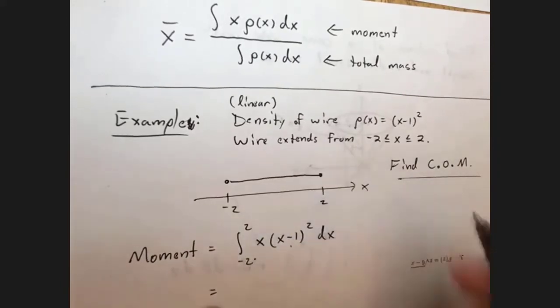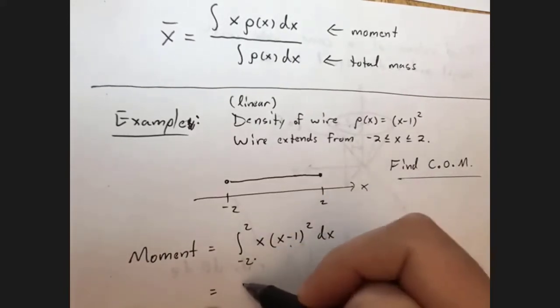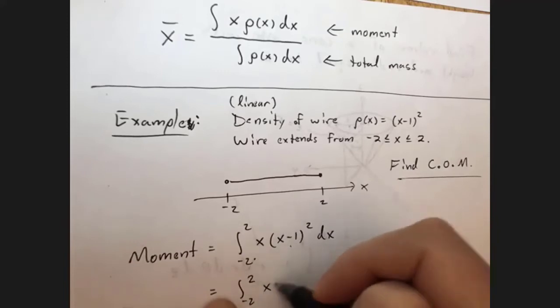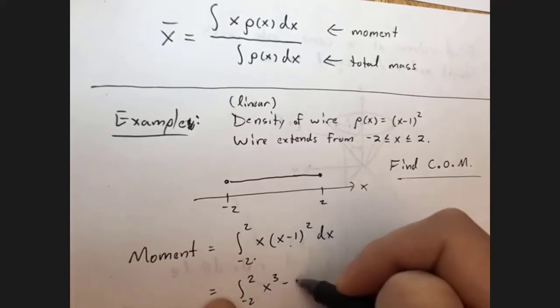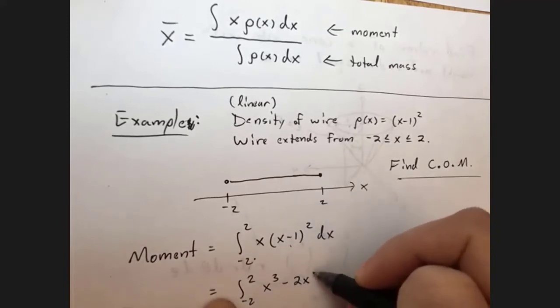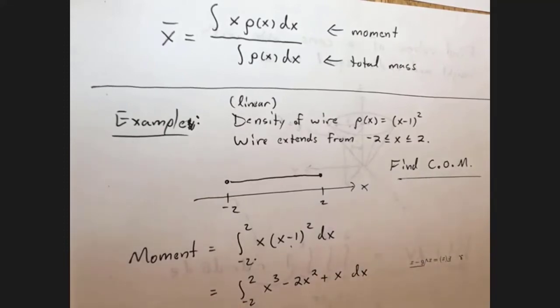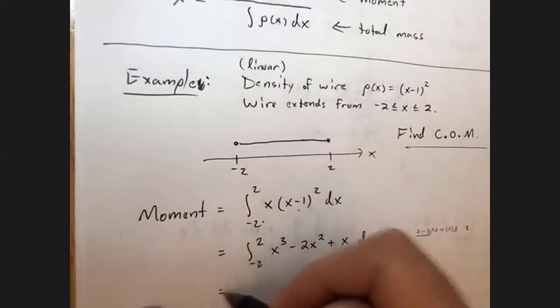This is the integral from -2 to 2 of x squared minus 2x plus 1, and when I multiply it by x, I get x cubed minus 2x squared plus x. Then we anti-differentiate.